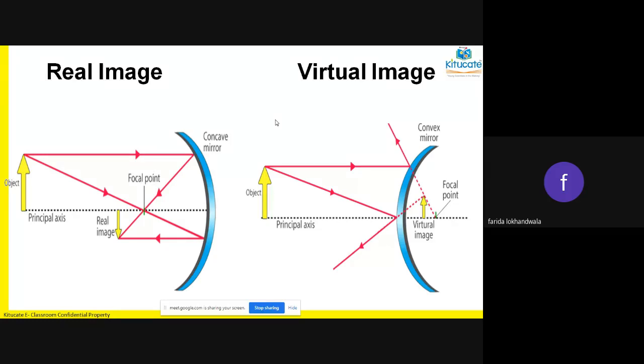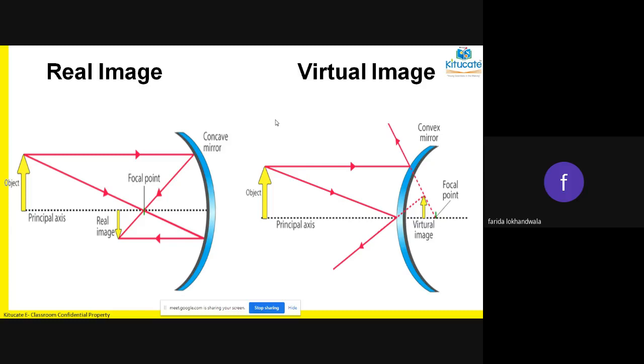Now for the virtual image, whenever you are able to see something on the reflecting surface, we call that erect. So it will always be virtual and erect. Whenever you have any MCQs, you may get a question like real and inverted.